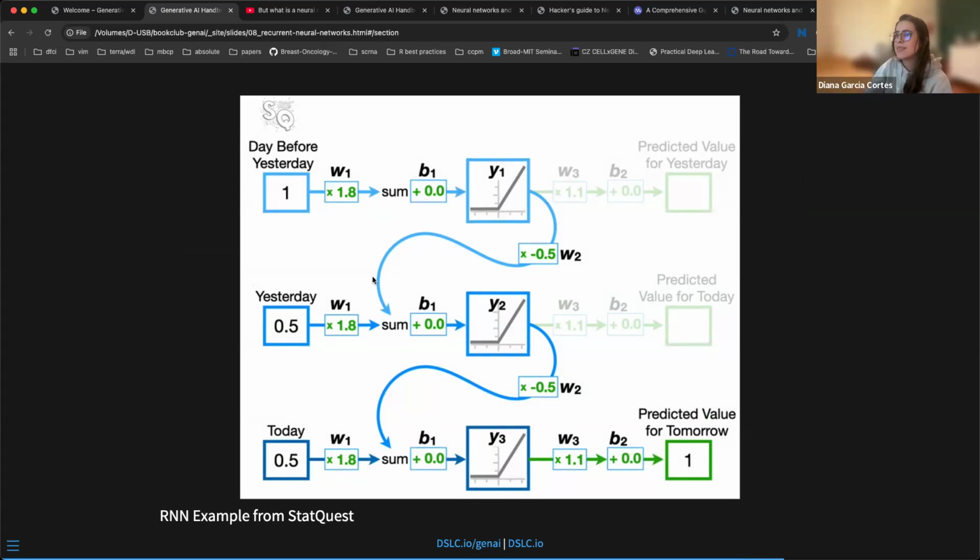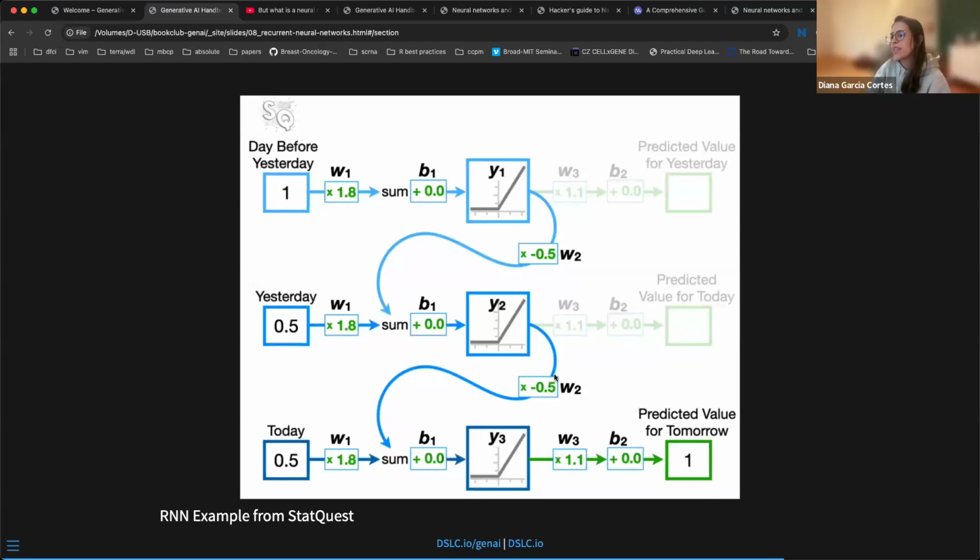So in this example, the neuron that is going to be fed with the first training value, the value from the day before yesterday, is going to output something, but we actually don't care about that output because it's the predicted value for yesterday. And if we have the value of yesterday, that output is going to be the predicted value for today, and we also don't want that.